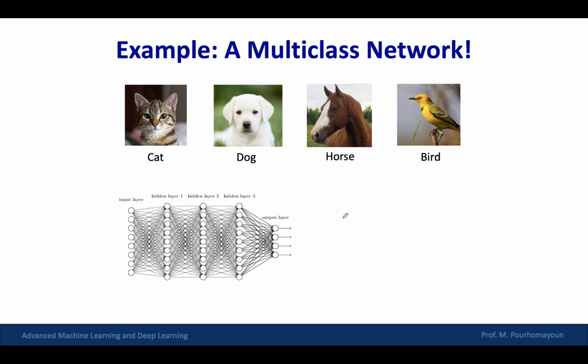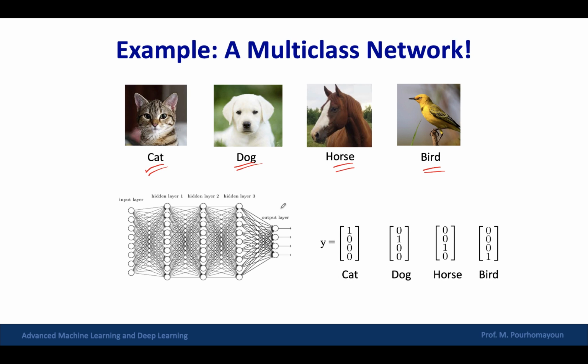Or I can use one hot encoding. It's a very common thing. So suppose that I want a classifier that detects 4 objects in a picture: cat, dog, horse, and bird. Then I can use this structure.